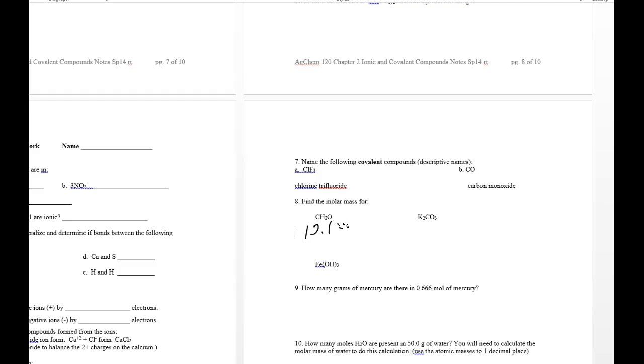And chloride is 35.5, but you have to round to 1 decimal point. So 35.5 times 2 is 71. So we add 40.1 plus 71, and hopefully you got 111.1 grams per mole. Is that right? Yes. Okay.